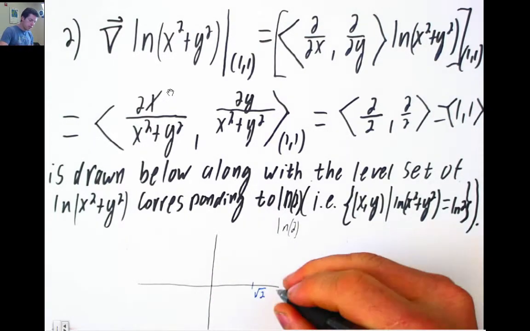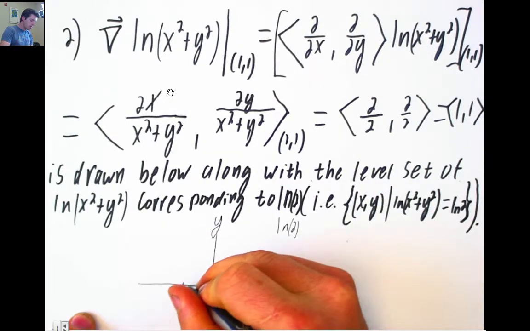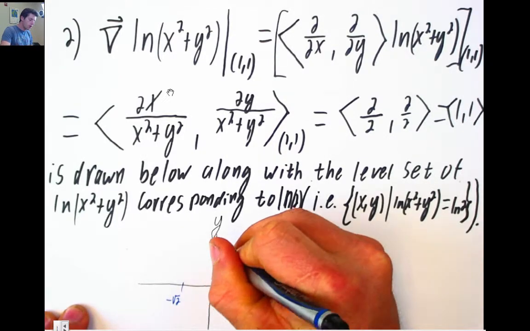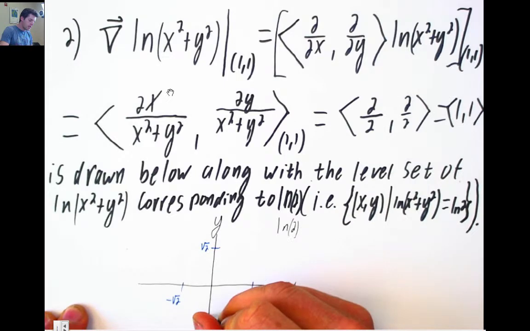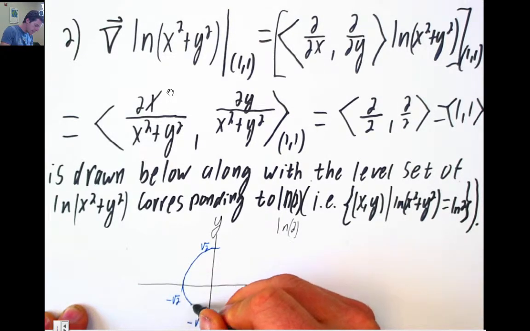And let me go ahead and say that this is the x-axis and this is the y-axis. And negative square root of 2 is going to be over here. And up there, we'll have a square root of 2 and then negative square root of 2 down here somewhere. Okay. Here is that level set.